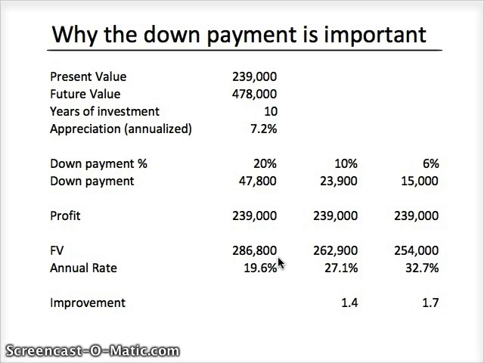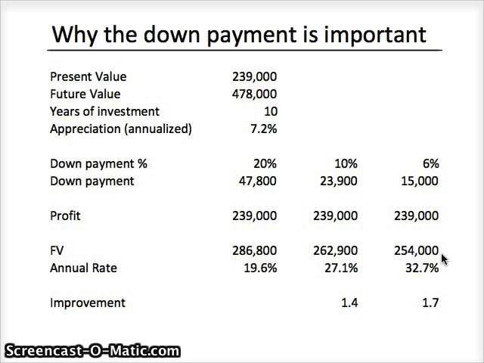We would still have that equity in addition to the profit, so we would have $286,800. For this example, our future value would be lower because we contributed lower at the beginning, and it would be $262,900. For this example, we'd be the $15,000 plus $239,000, or the $254,000.